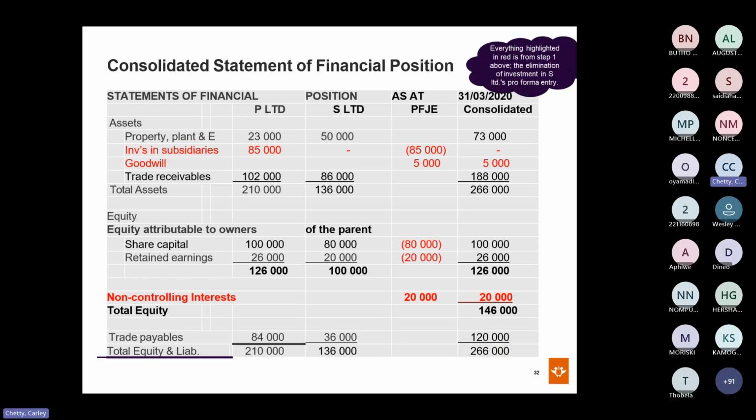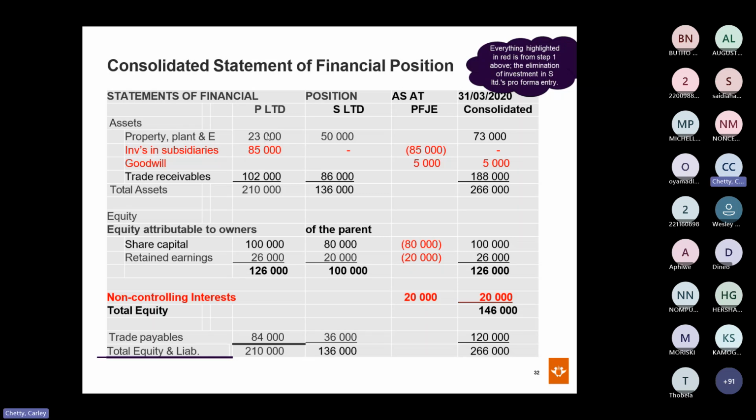Okay, so this is the consolidated statement of financial position. So if you look at slide 25, that shows the separate financial statements of P and the separate financial statements of S. Here we are consolidating those, and we are seeing the company as one company. And in order to see it as one company, we also have to do our pro forma journal entries.